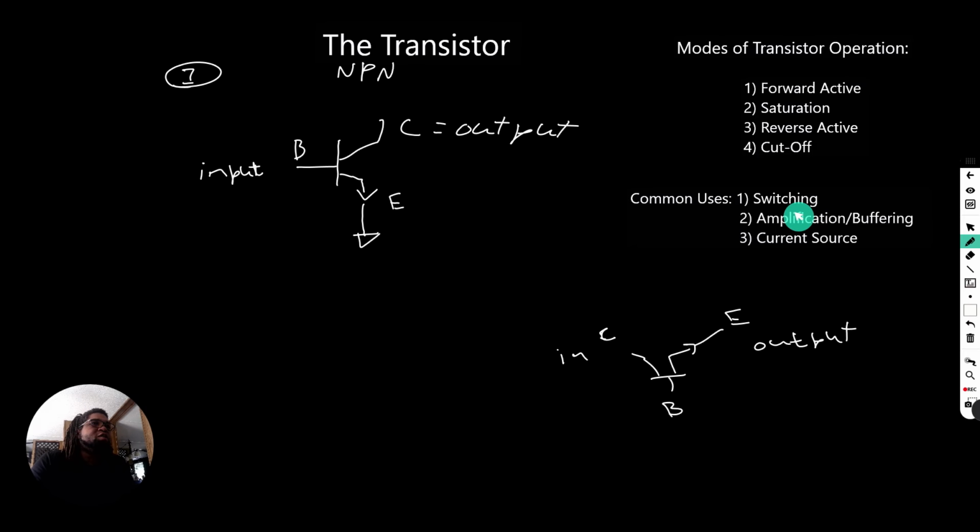Switching, you can virtually do any kind of way. Amplification factor is the important one. When we're looking for amplification factor from our transistor, we're going to get the most amplification using it this way, all right? That could also be true with current sourcing as well, depending on what's going on.